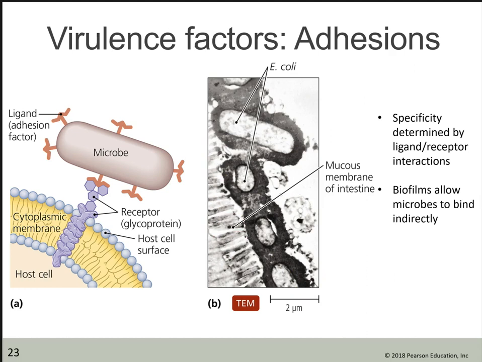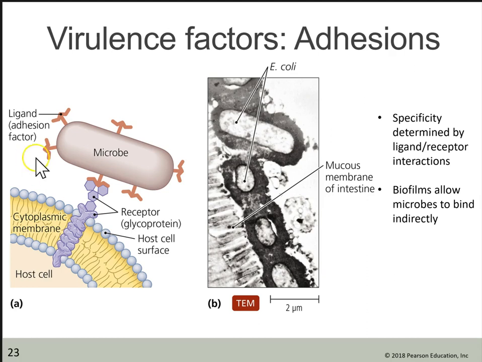If the E. coli, for some reason, is prevented from getting to or attaching to the mucous membrane of the intestine, this particular strain of E. coli won't cause disease. And here we're seeing a close-up of a ligand on a microbe that attaches to a receptor on a host cell. This is the cytoplasmic membrane of a host cell, and this allows this microbe to adhere to the cell.